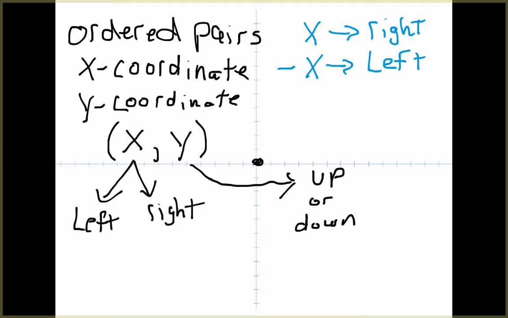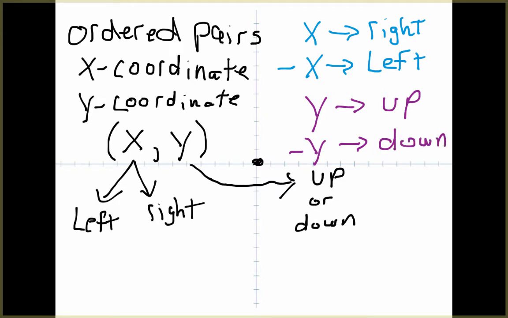Let's take a look at y here. I'm going to pick some different colors so you can keep track. If y is positive, you're going to go up. And if y is negative, you're going to move down.